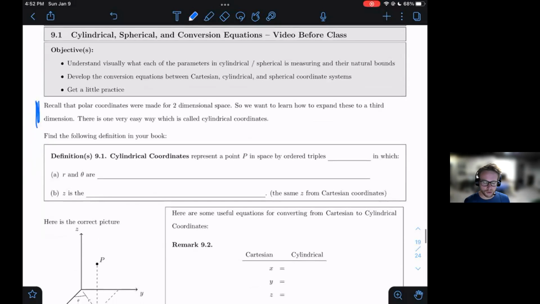So cylindrical coordinates here, if we have some point P in space, then we can describe this as an ordered triple where we have r, theta, z, in which the r and the theta are going to be the polar coordinates. So remember polar coordinates back from calculus 2.